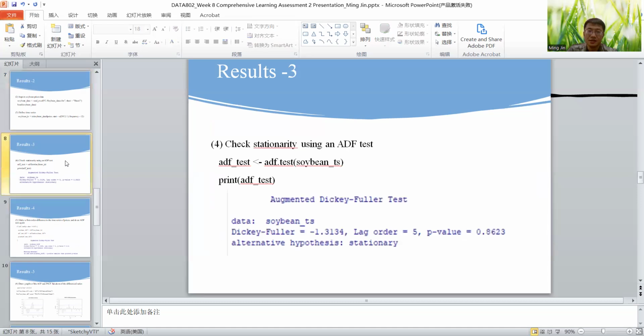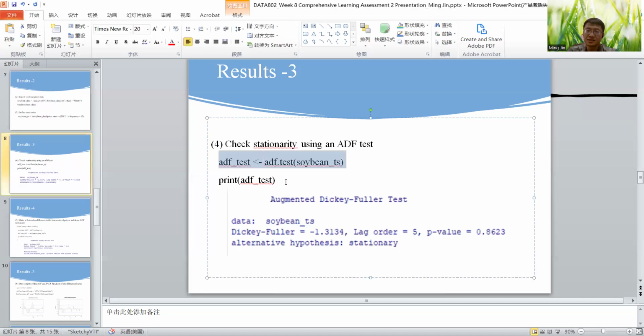Okay. The next step is to check the stationarity of this prices series. Generally speaking, we can use an ADF test to test the stationarity. We can use this command for the ADF test and then print the test result.